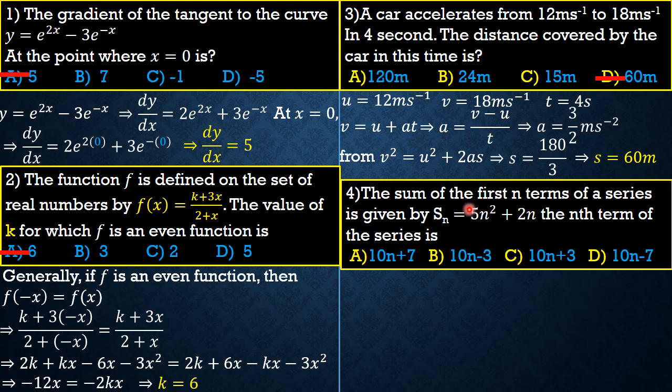So many people are just going to tell me that 5n squared plus 2n is the nth term. Guys, keep in mind that, generally for an arithmetic progression, all right, let me now tell you guys, because the question did not specify if this is an arithmetic progression or a geometric progression.